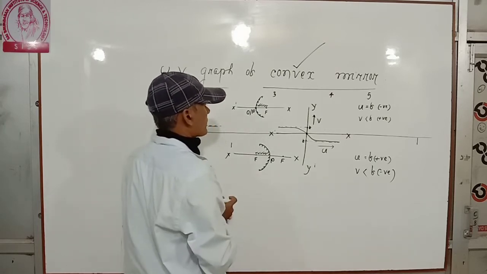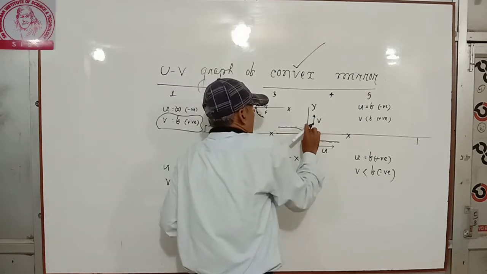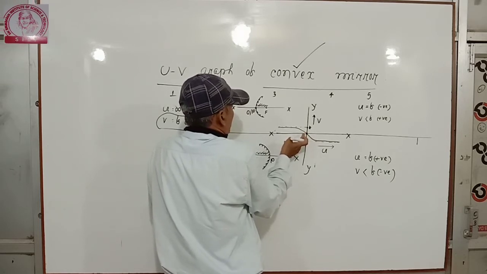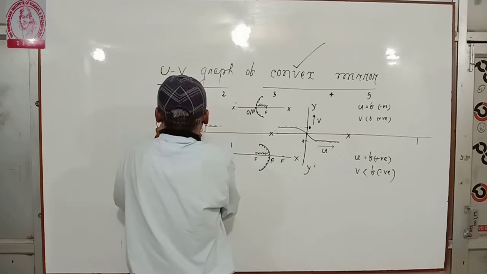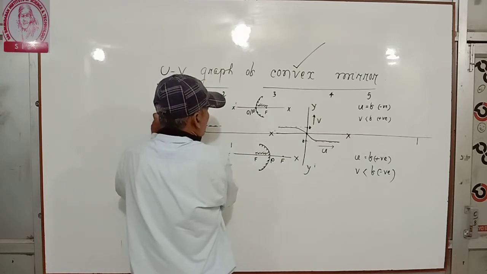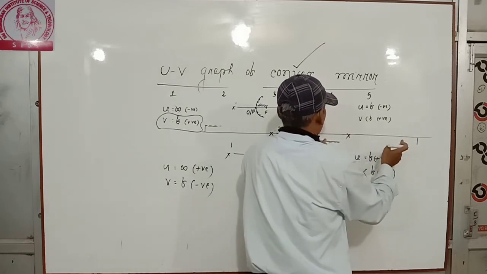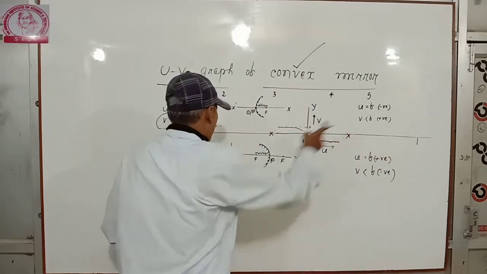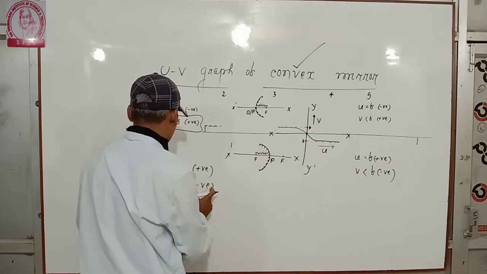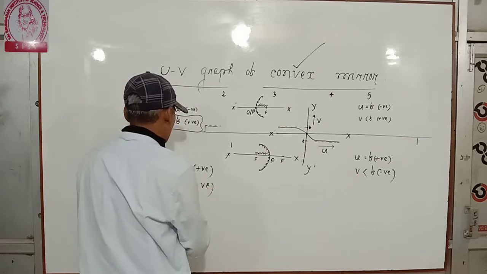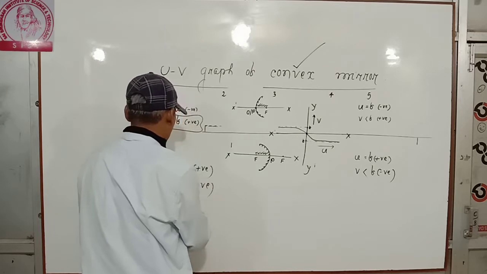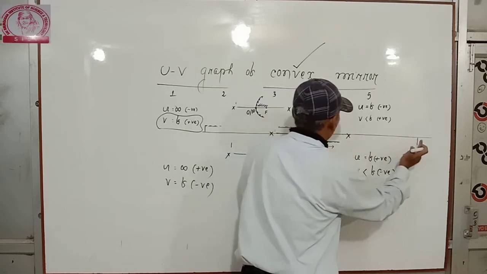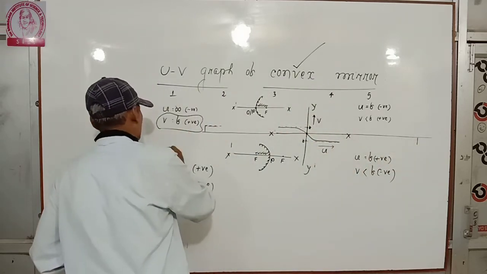So let me say, when v is plus f, u is minus infinity. In this case, not here. Here. When v is negative f, u is plus infinity. So both the cases are over.